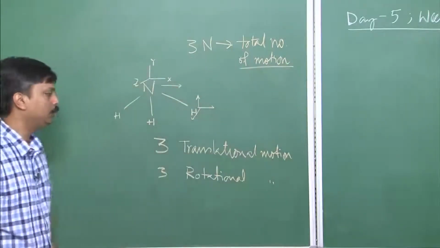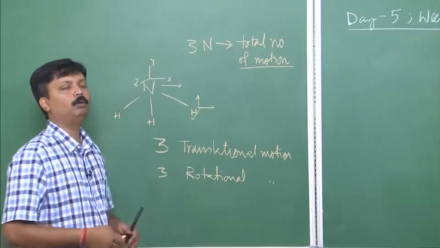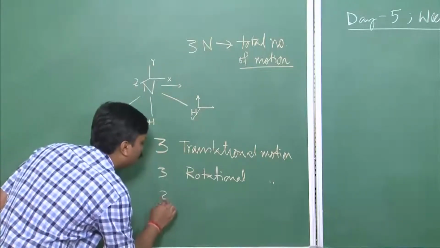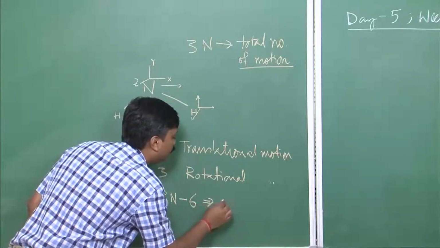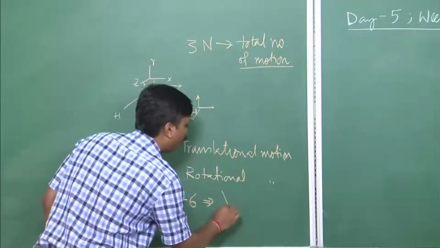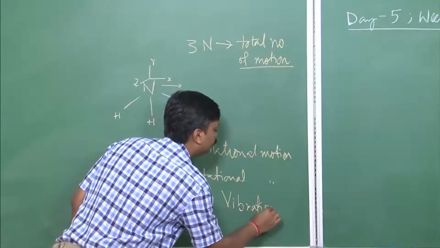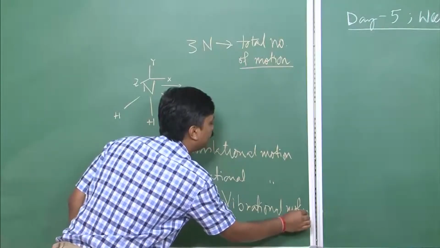Since I have 3 translational and 3 rotational, the rest should be vibration. So I have a total of 3n minus 6 degrees of freedom left for the molecule to execute vibrational motion. So that's how we get this number, 3n minus 6.